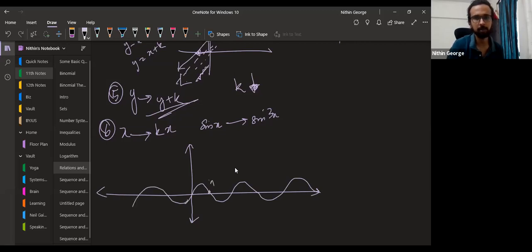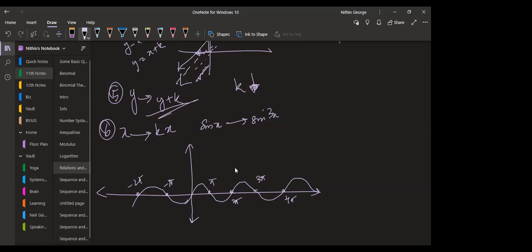Okay, so this will be pi. This will be 2 pi, 4 pi, etc. So when I write instead of sin x, I write it as sin 3x, what happens? So the values shift.